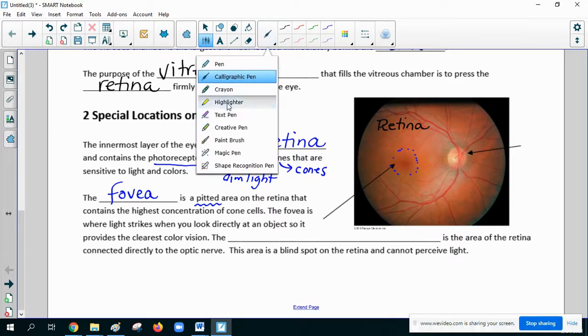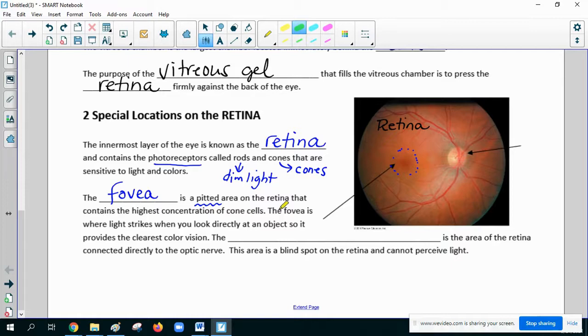But what is so special about it? Well, I'm going to highlight the next line because this is the big idea about the fovea. It provides your clearest color vision because it has the highest concentration of cone cells in the whole retina. So really what we're saying is there's cone cells out here in the rest of the retina, but most of them are congregated, almost like a geographic map where everybody's in the city.